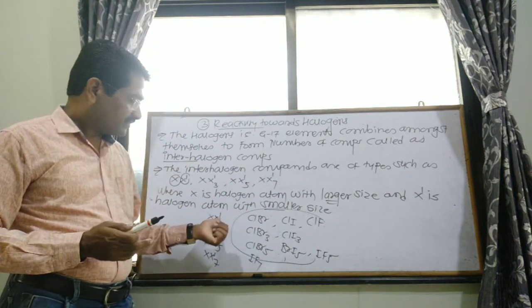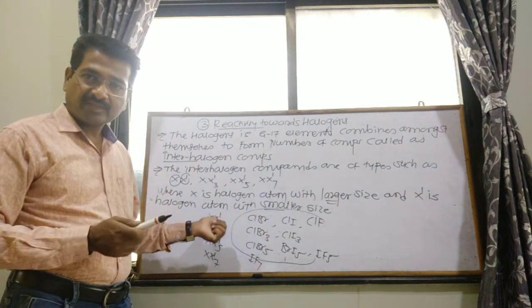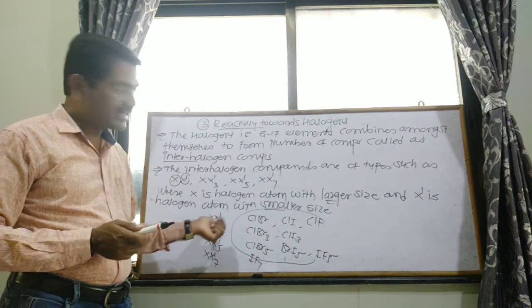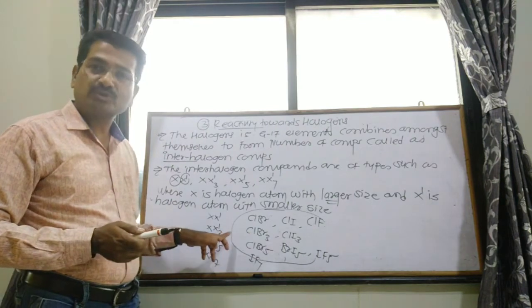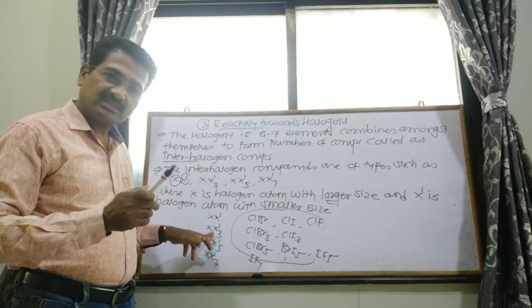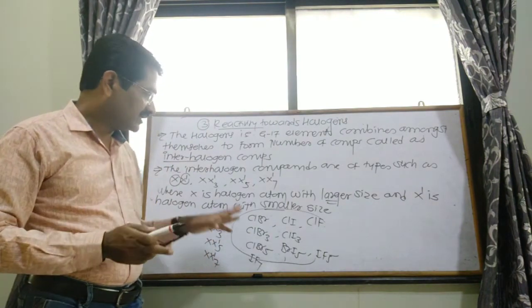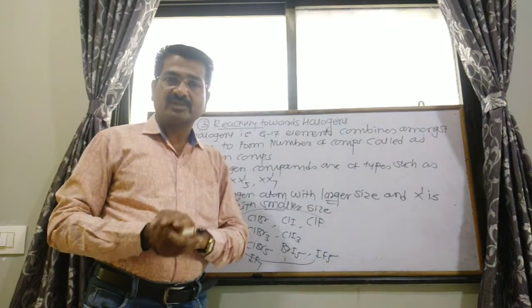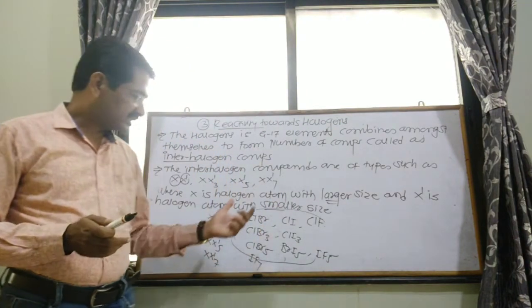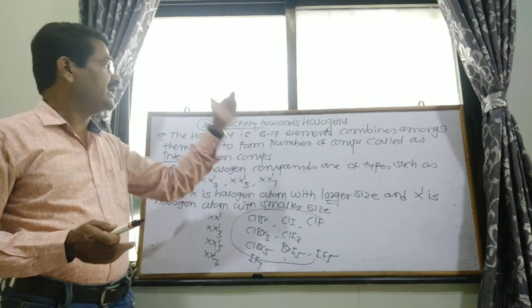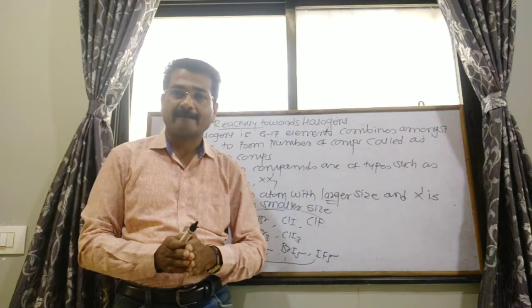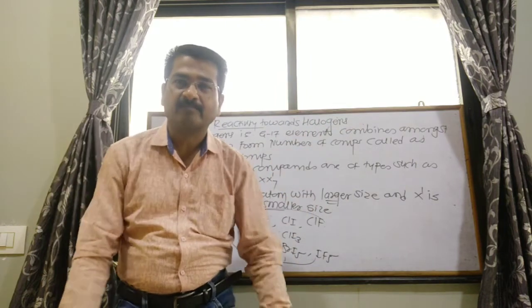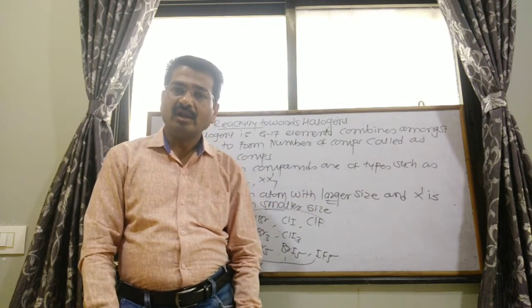In XX', the ratio is 1:1. In XX'3, 1:3, the first halogen is only one and the other contains 3 halogens. This concept totally depends upon the variable oxidation state of all halogens.